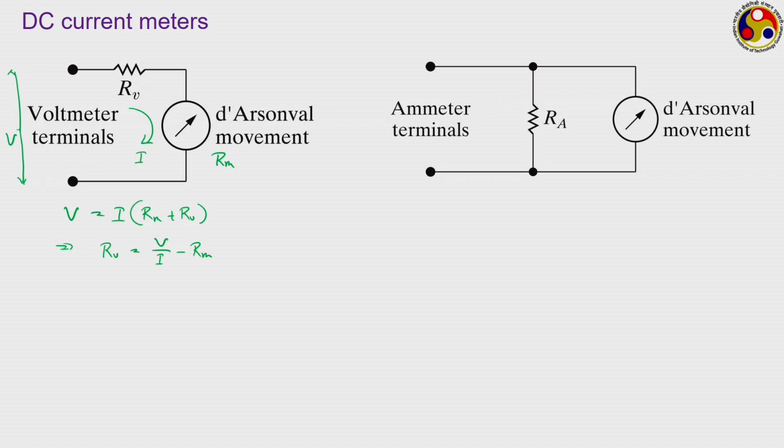Whereas, when we go to the case of ammeters, following the same principle, if I is the current flowing through the primary circuit and Im is the one that is flowing through the meter, then applying the equality of voltage drop between this and this terminal, we can write that Im Rm, the potential drop across the meter, should be equal to the current flowing through the shunt resistor, that is I minus Im into Ra, which gives you Ra is equal to Im divided by I minus Im into Rm.